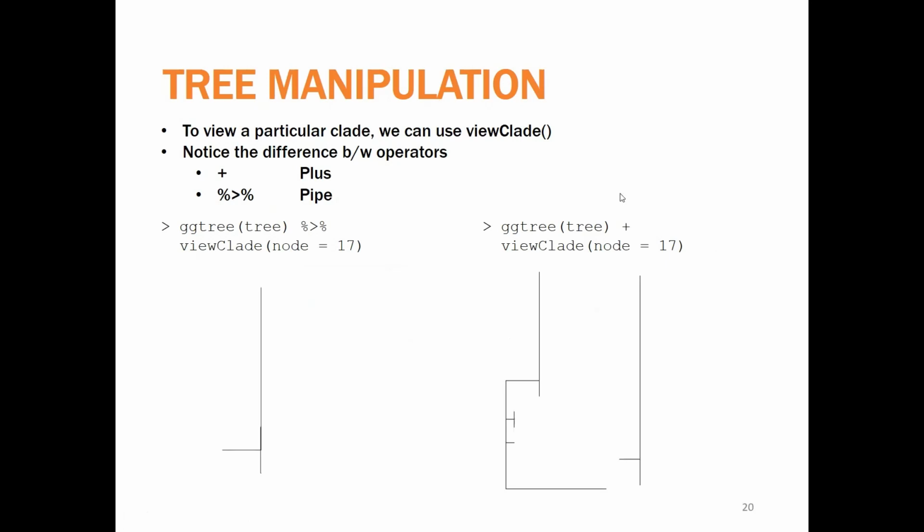If you pipe your ggtree into viewClade with the percent symbols, it'll just show the zoomed-in clade. Here we're zooming into node 17, which is the long cluster. But if you do plus, it'll actually show both the original tree and the zoomed-in clade, which is quite interesting. Depending on whether you want to show both in one visualization, that could be helpful.